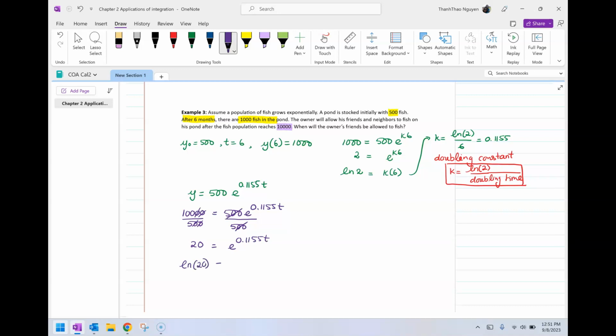Ln of 20 equals 0.1155t. This means t equals 25.9, so this is about 26 months. So the friends have to wait 26 months in order to fish on that pond.